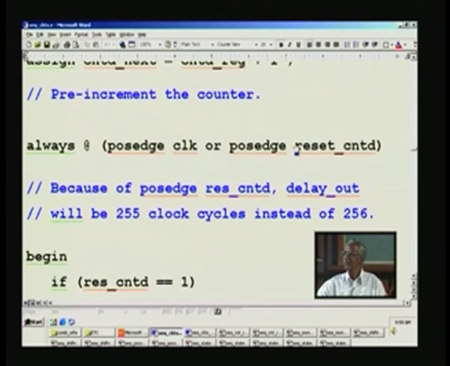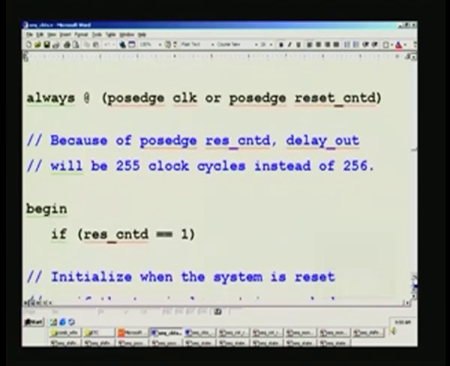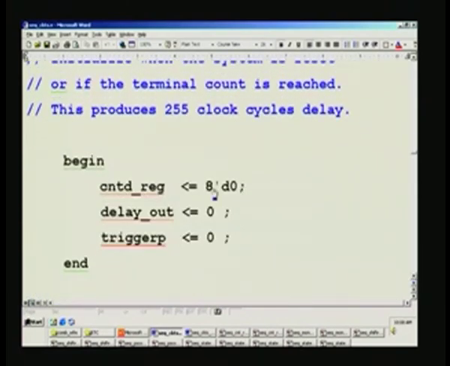What is put here as a condition is or positive edge of reset control D. So immediately this condition is satisfied and right at the positive edge following that this is also satisfied, so it immediately enters within a nanosecond. So it satisfies this condition and then goes on to clearing the counter itself, right. That is precisely what you have, and simultaneously delay out is also made 0. That is how you get that.